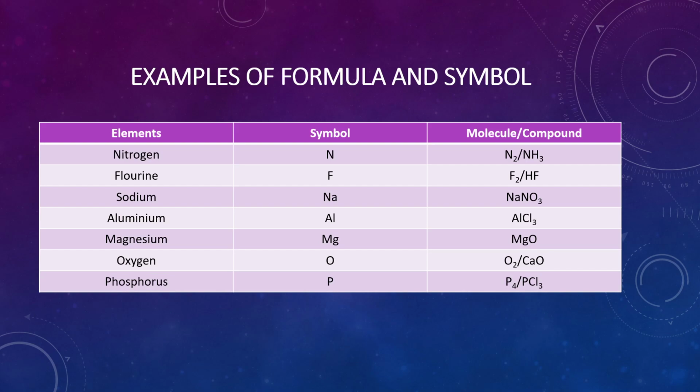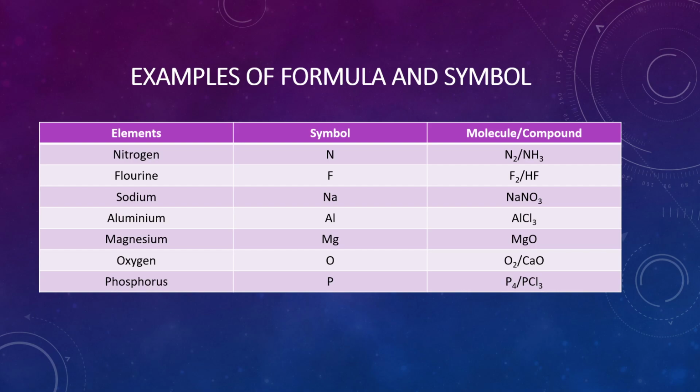And phosphorus, the symbol of phosphorus is capital P, and the molecule of phosphorus is P4. It's a rare molecule, so I kept this example to make the students understand clearly. And a compound, phosphorus trichloride, is expressed as PCl3.